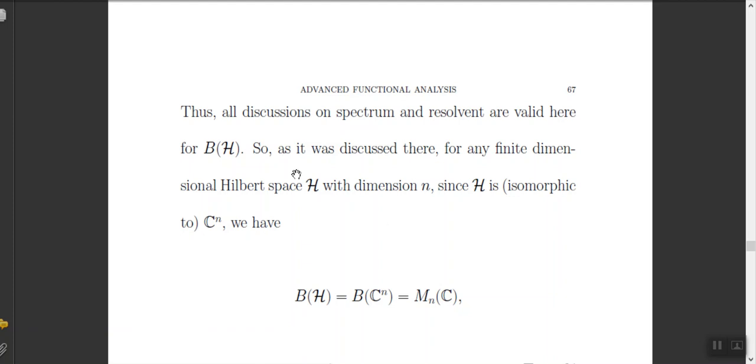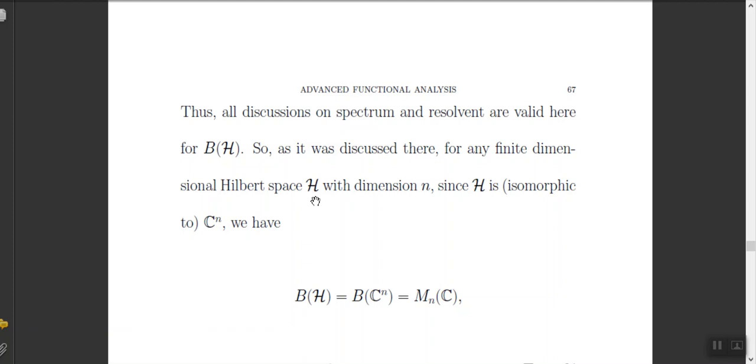So now, when we want to talk about the spectrum of a bounded linear operator on a Hilbert space H, I said that we need to consider two cases separately. The first case is when H is finite dimensional, and the other case is when H is infinite dimensional.